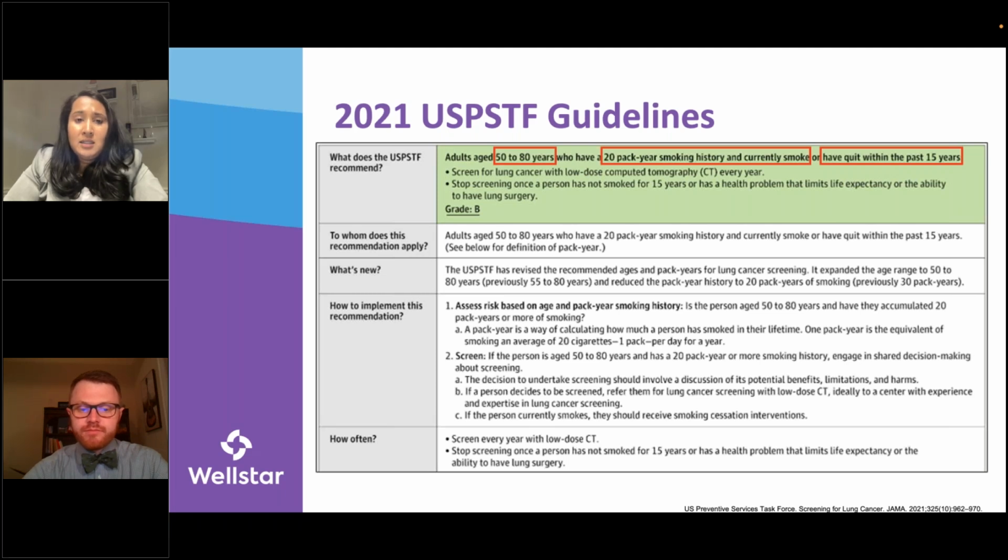So based on that study, we now have the current 2021 criteria. Again, to reiterate, it's for patients 50 to 80 years of age who have a 20-pack year smoking history and currently smoke, or have quit in the last 15 years.